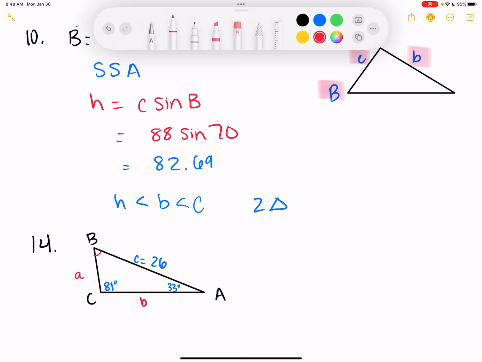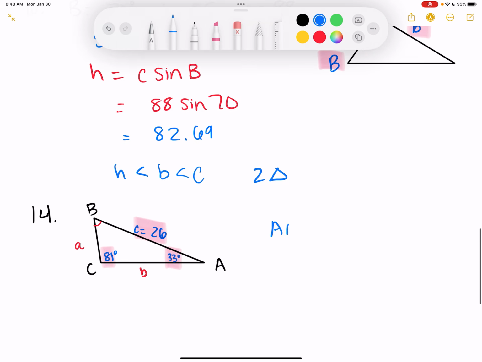So I was given an angle and a side. So what scenario is that? Angle, side. I keep trying to say them not in the right order, but I inevitably do. So angle, side. How many triangles can that have?